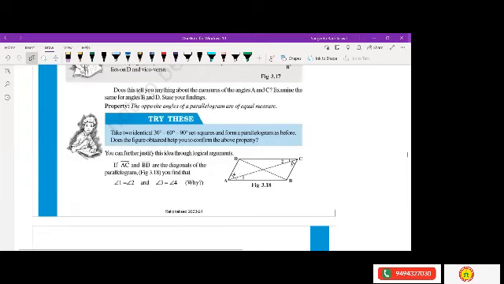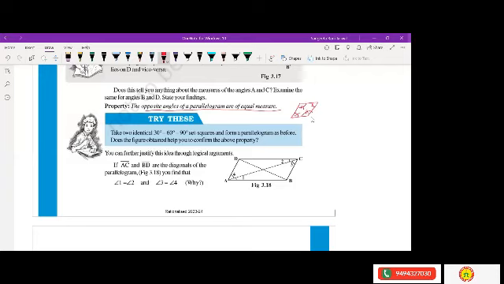The opposite angles of a parallelogram are of equal measure. Suppose we have this parallelogram, this angle will be equal to this angle, and this angle will be equal to this angle. The opposite angles are equal, right? And what about adjacent angles?